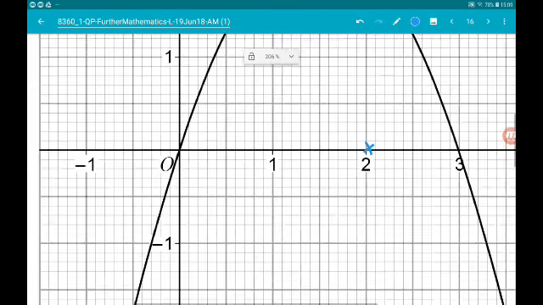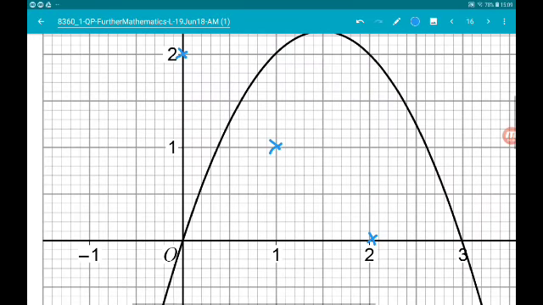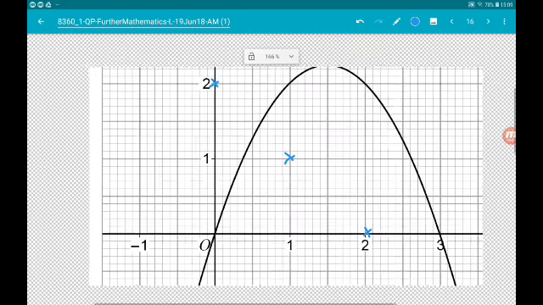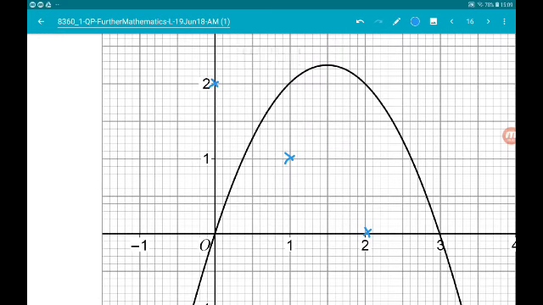Now the reason for using 3 points instead of 2 is if you only use 2, you can't tell if you've made a mistake. If you use 3 and they're all on a straight line, then you're golden. So what I need to do now is join those up with a straight line.